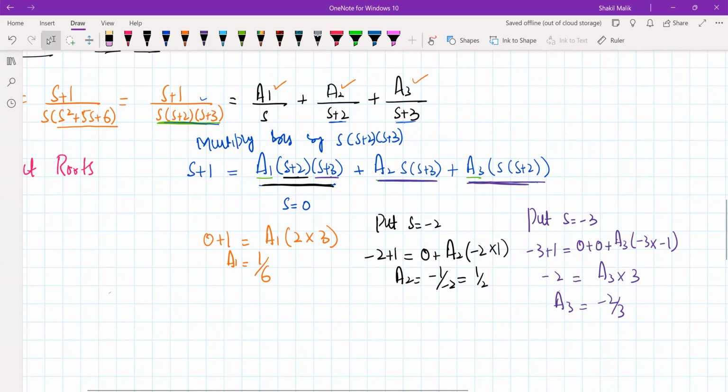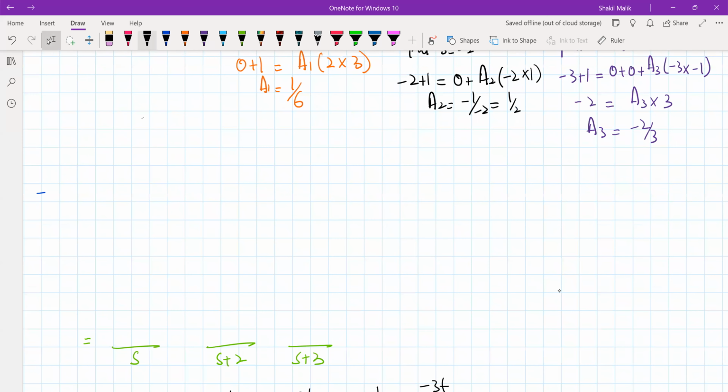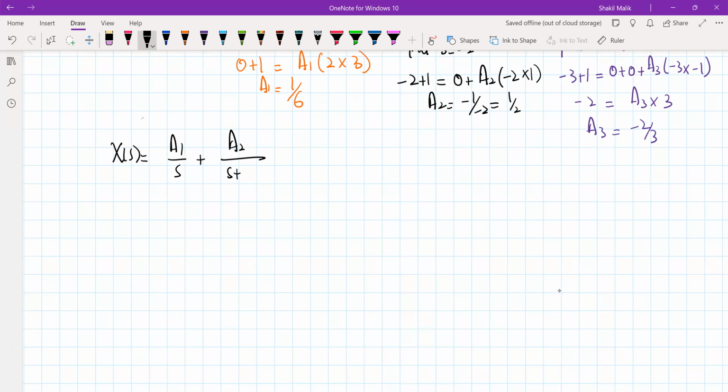Substitute it back here. So once we put the value of a1, a2, a3, so a1 divided by s plus a2 divided by s plus 2, and a3 by s plus 3.